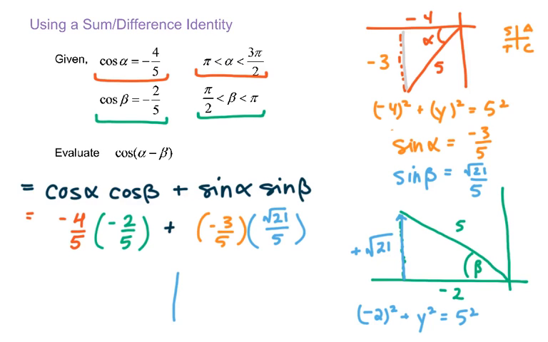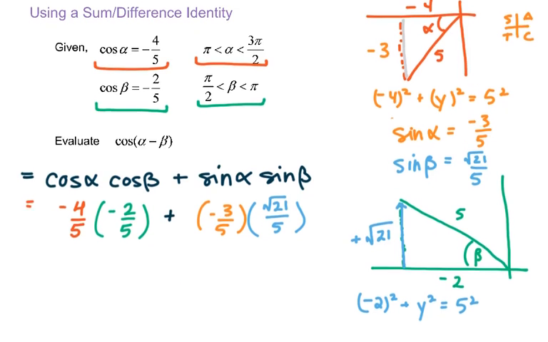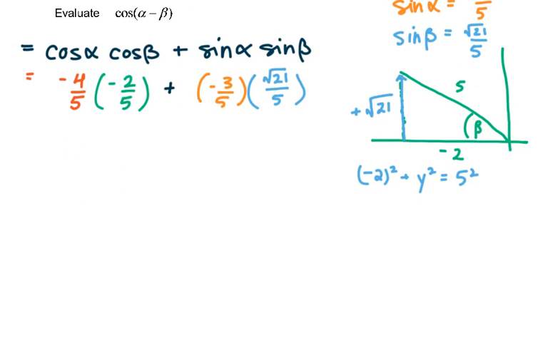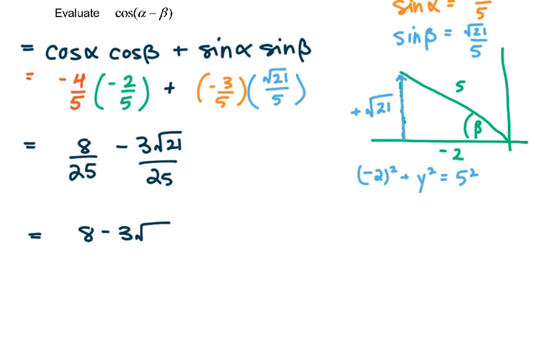At this point, I can calculate the value for cosine of alpha minus beta. I would have 8 over 25, and then negative 3 root 21 over 25. Combining those two fractions, I get 8 minus 3 root 21, over 25.